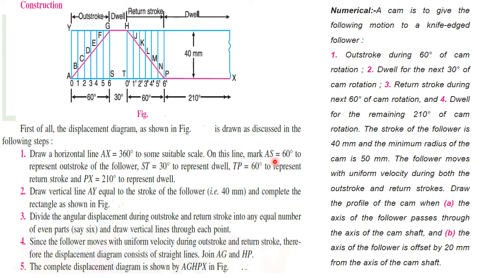Then what will be AS? AS is the out stroke of 60 degrees.